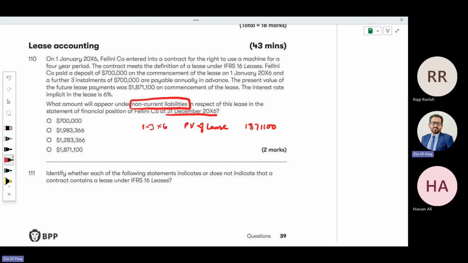We don't need to deduct the payment, though payments are made at the start of the year, because the payment is already made.